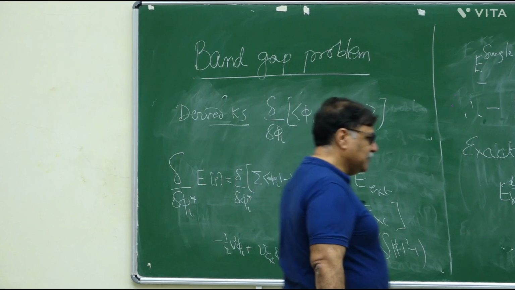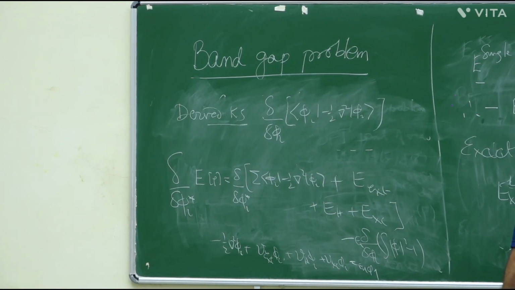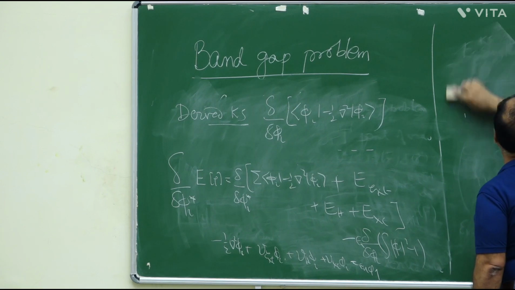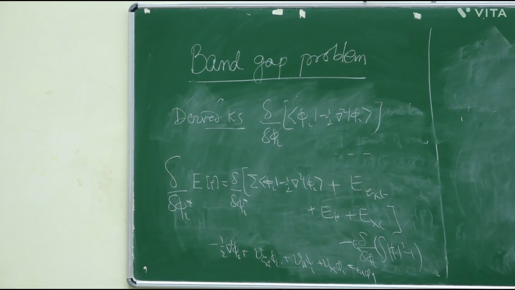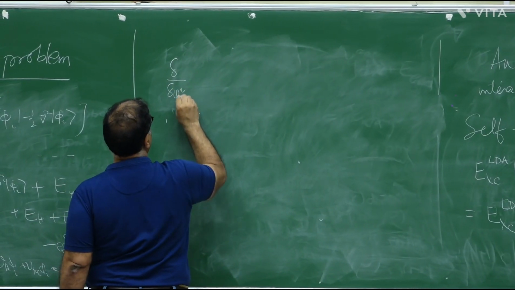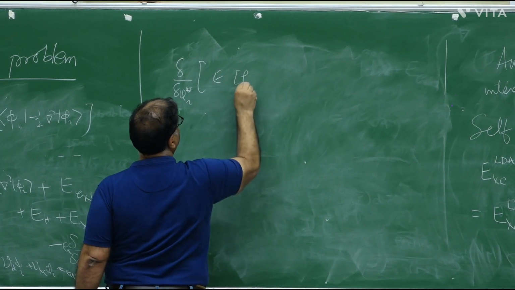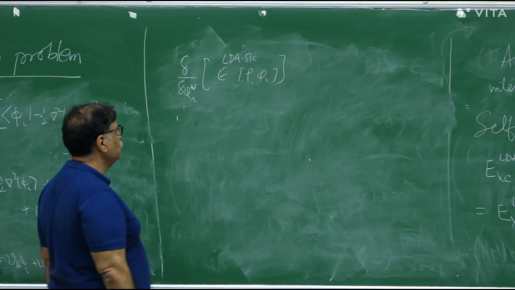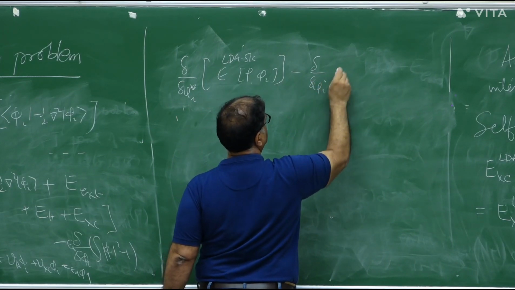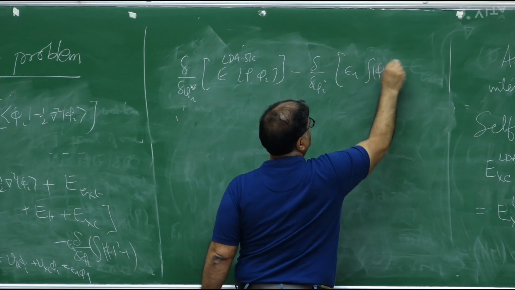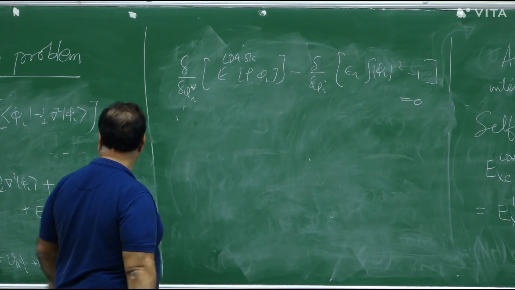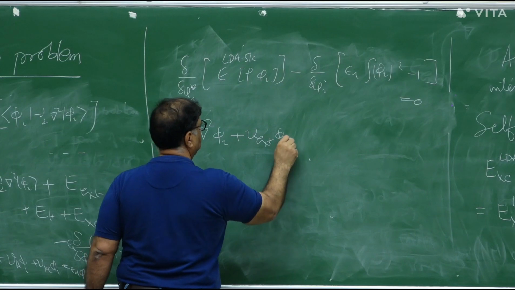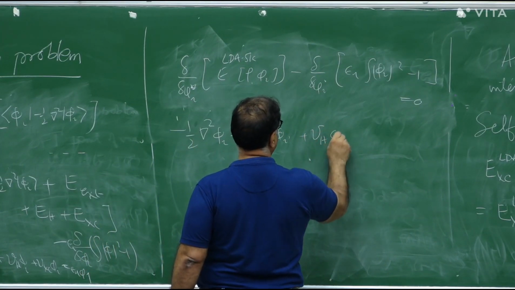I'm taking one more step. In exactly the same manner, now if I minimize the energy calculated by LDA-SIC, if I do d by d phi_i star of E[rho, phi_i] LDA-SIC minus delta by delta phi_i star of the Lagrange term, modulus phi_i square minus 1 equals 0, I'm going to get the first term all right: minus 1 half del square phi_i plus V external phi_i plus V Hartree phi_i.